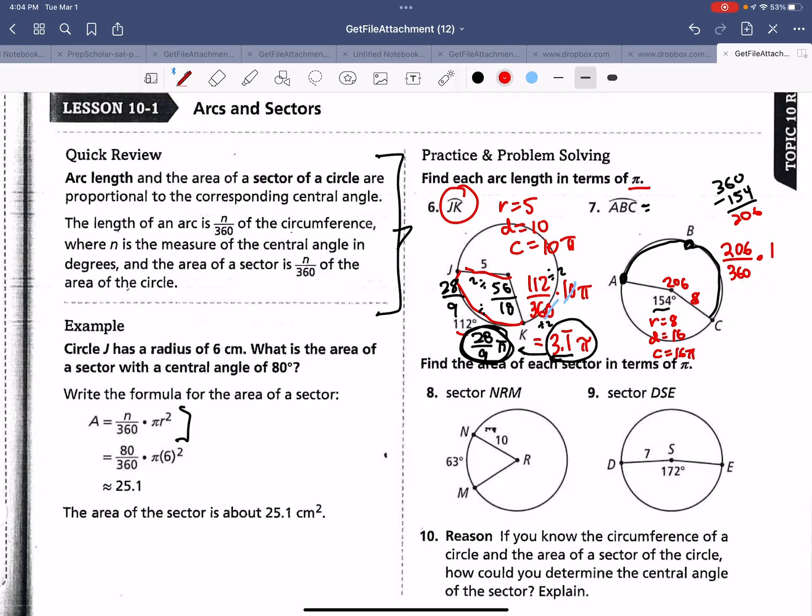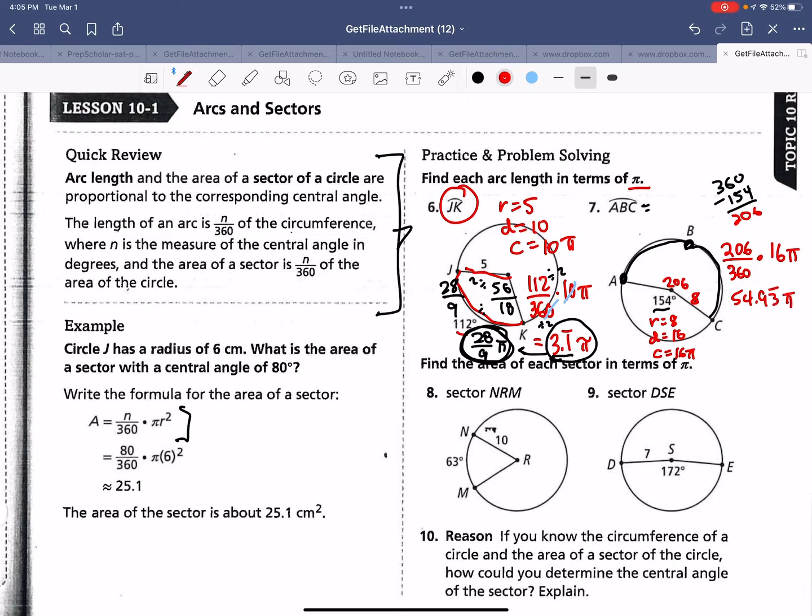So I want 206 over 360, 16 pi's. So I get 54.93 repeating. It's a little hard to see, so let me just rewrite that.